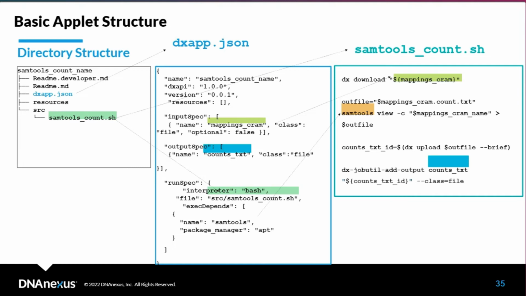We are running some tools, which we actually at this point installed, or we are managing these dependencies using exec depends section in our dx_app.json. Once we do the computation, once we do the main command with some tools, we can then return results and upload results back as an output of our applet.